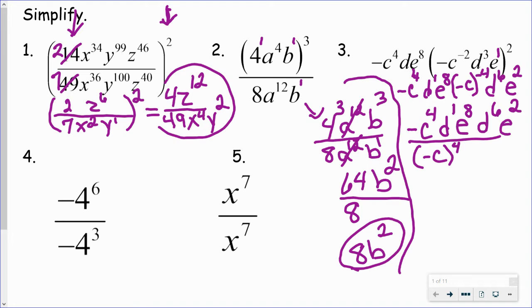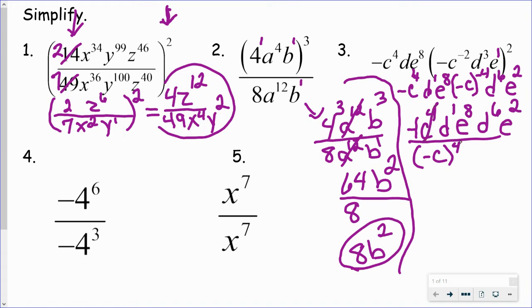Okay, now be careful. This here means negative c times negative c times negative c times negative c. That is just c. Remember, it's an even exponent, so that becomes c to the power of 4. This is really negative 1 if you thought about that.